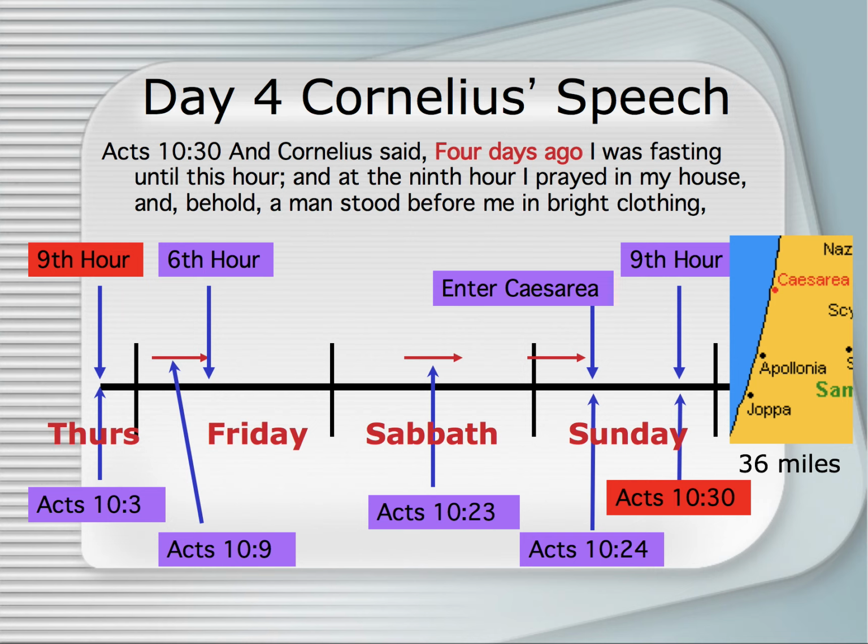Now let's change these day 1, day 2, day 3. We don't know what days they actually were, but let's change them to Thursday, Friday, Sabbath, Sunday. Since there is a belief that the crucifixion took place on a Thursday, if it were Thursday, now we know it's not Thursday because they wouldn't be walking on the Sabbath.